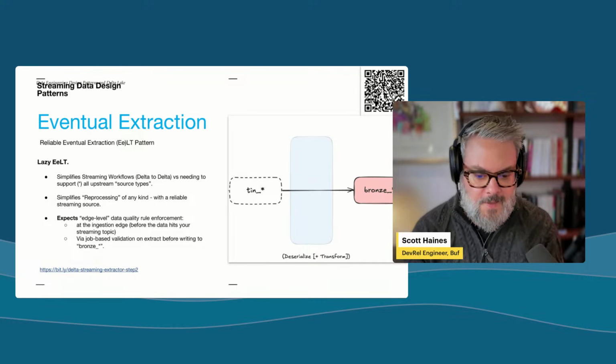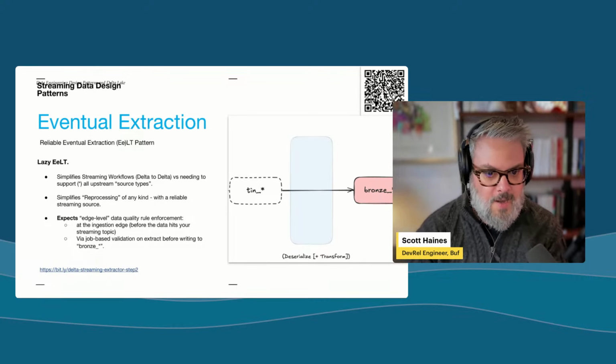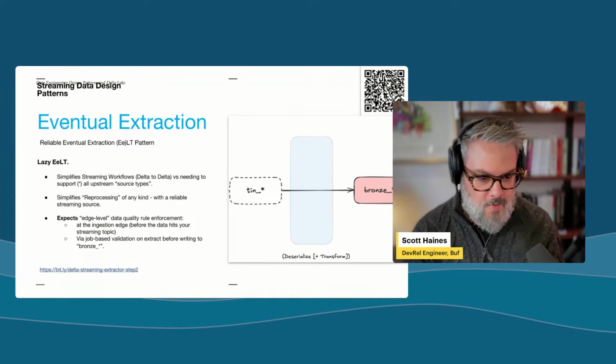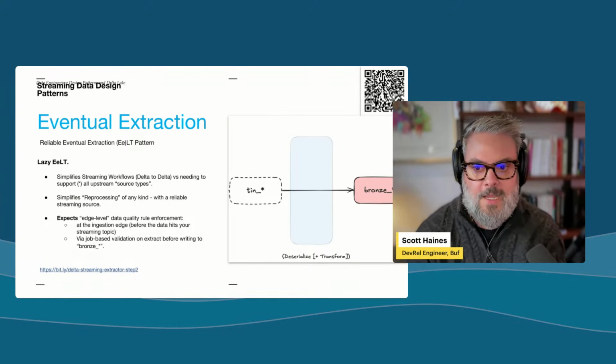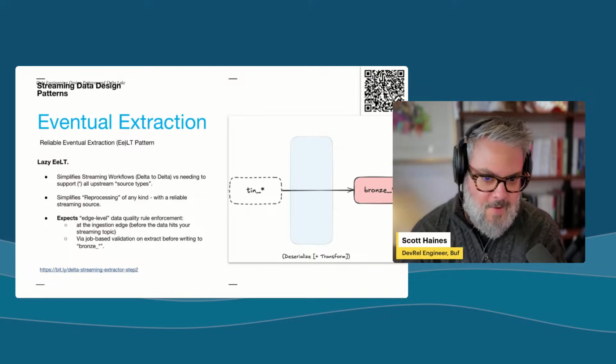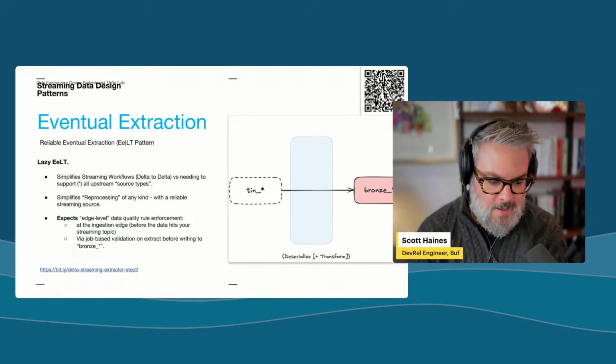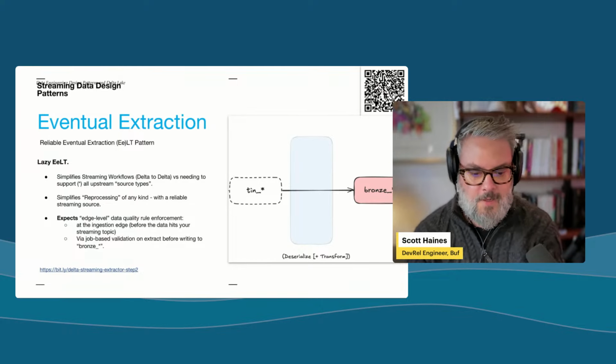The big difference is, if you want to go all the way back to your binary data, you have to do your extract first from binary into something like a data frame, so a Catalyst row. Then from there, any kind of transformations to create that bronze level table that is your reliable source of truth for your data. So this pattern can simplify reprocessing of any kind, with the caveat being that it expects edge level data quality rule enforcement.